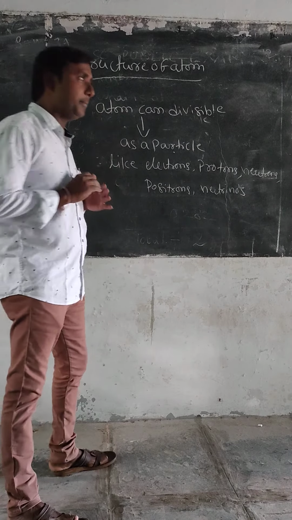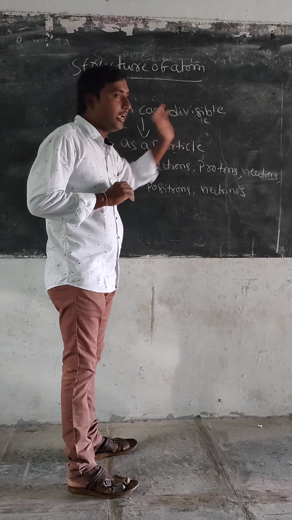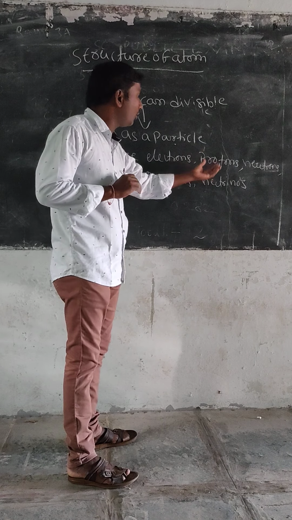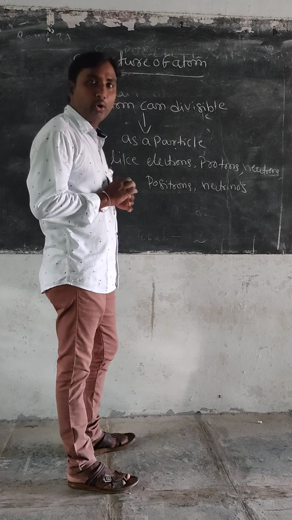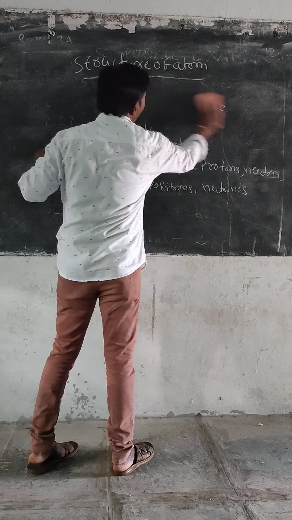So finally, later scientists decided the atom can be divided into particles, that is electrons, protons, neutrons, positrons and neutrinos. This is the introduction of the atom.